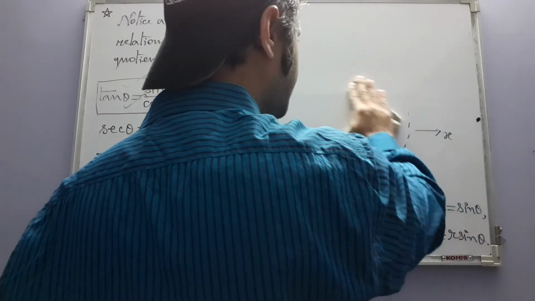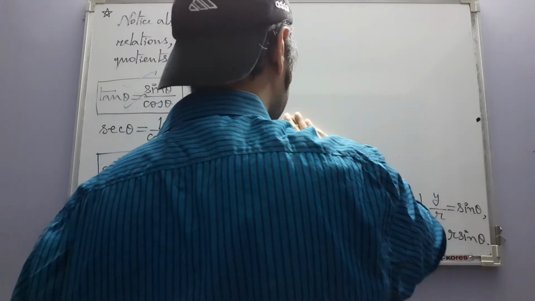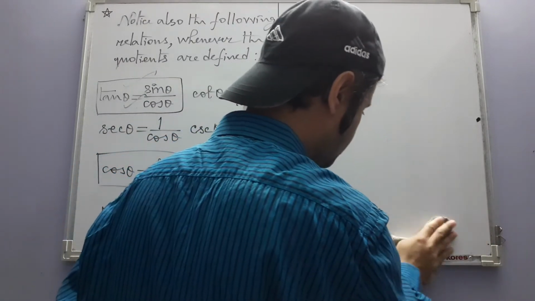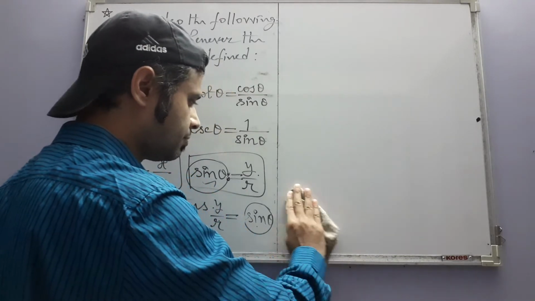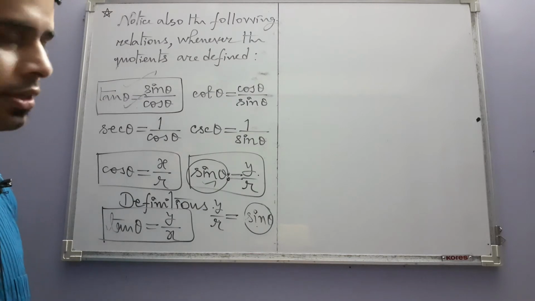So what have we done here? We have extended the basic trigonometric functions, that is, their right triangle definitions have been extended to now cover all possible values of theta, not just acute angle thetas.